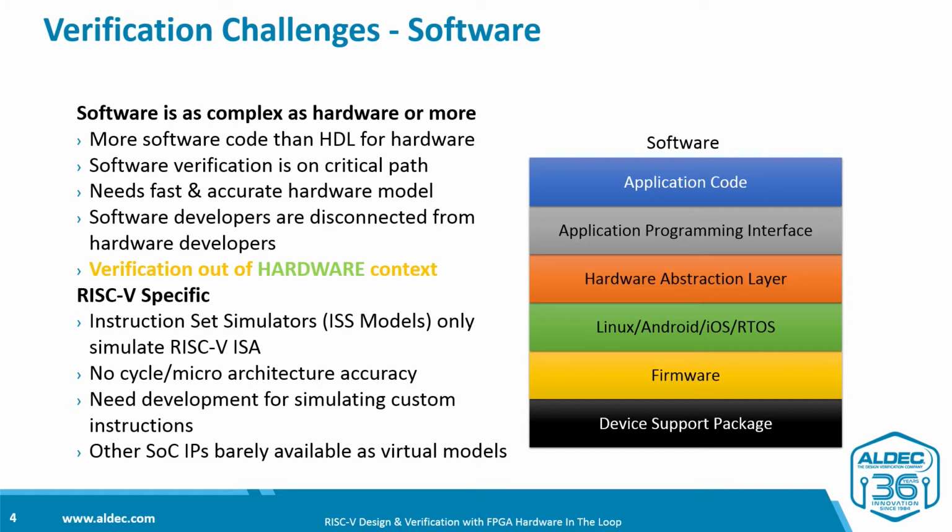There are some virtual models with higher accuracy. They can help in achieving microarchitectural level accuracy of the CPU subsystem. But then another problem comes in with the availability of virtual models of other IP cores used in the SoC.